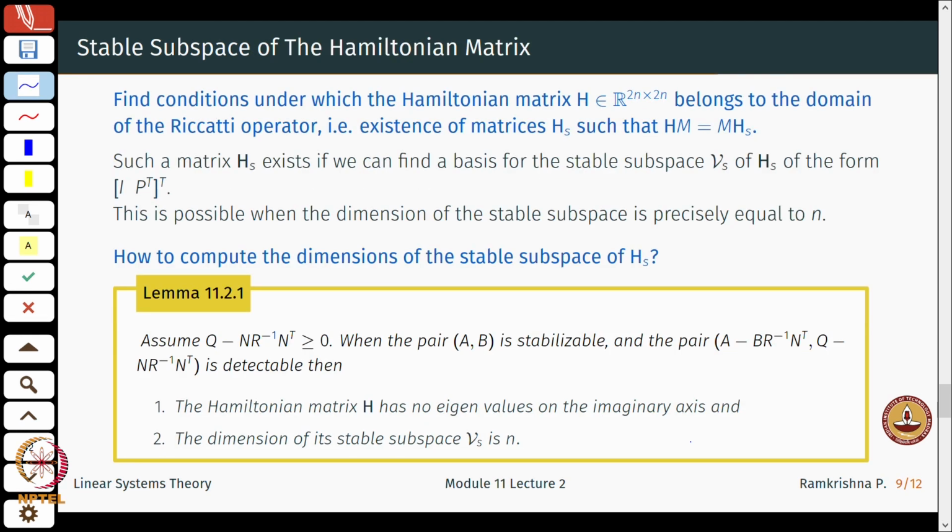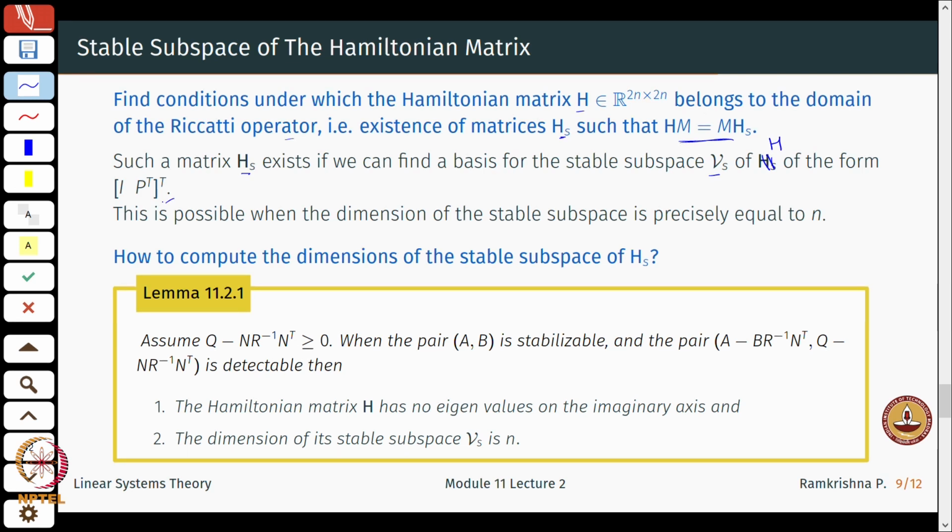Okay. So, now what we need to find here are conditions under which the Hamiltonian matrix H belongs to the domain of the Riccati operator, that is, existence of matrix H such that this holds. So, we want to find when can I find a solution and how does the solution look like. Such a matrix H_S exists if we can find a stable subspace of H of the form something like this.